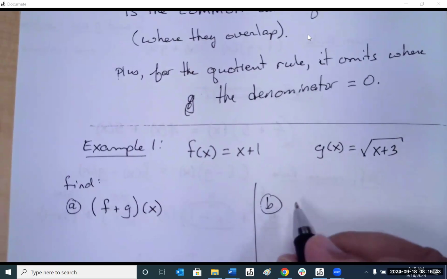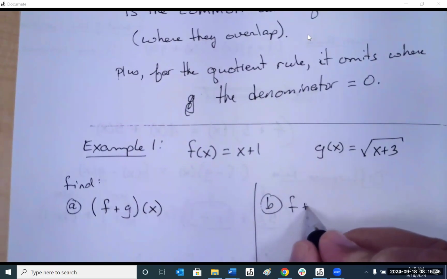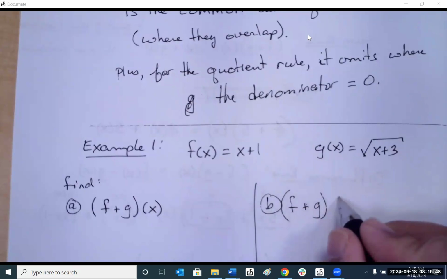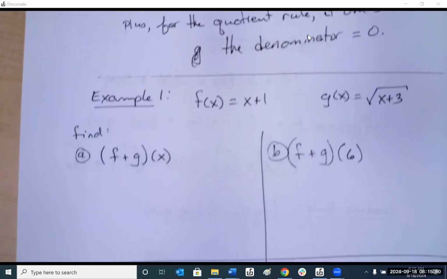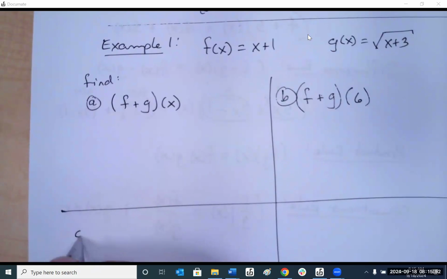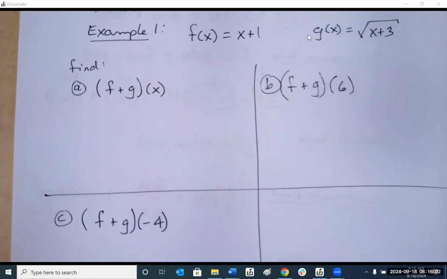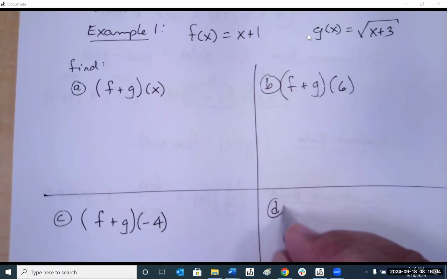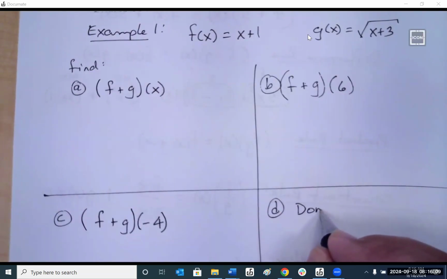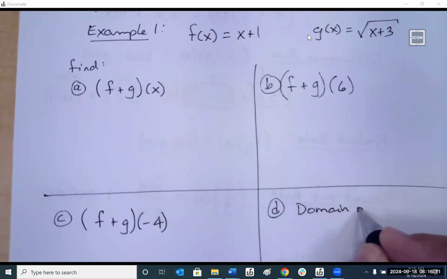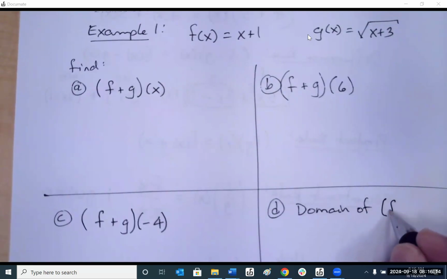B, f plus g of 6. C, f plus g of negative 4. And I'm going to throw in there this last one. D, the domain of f plus g.